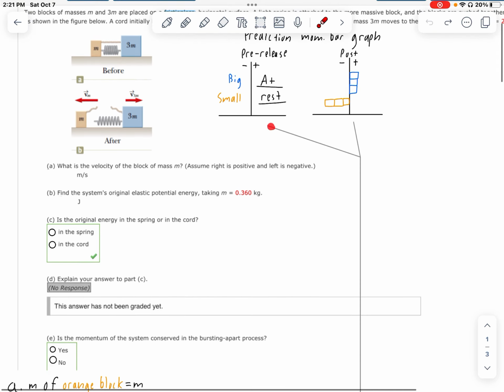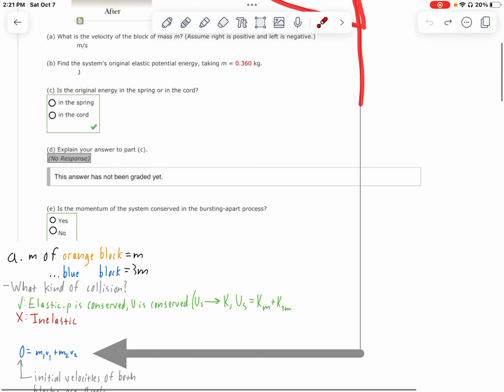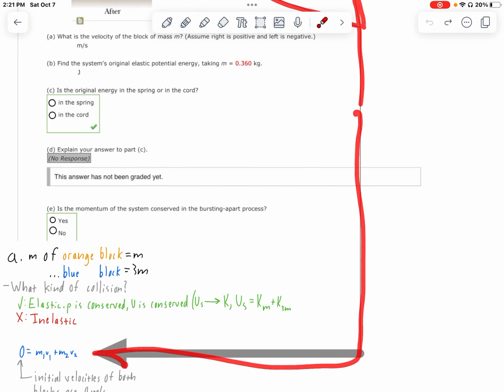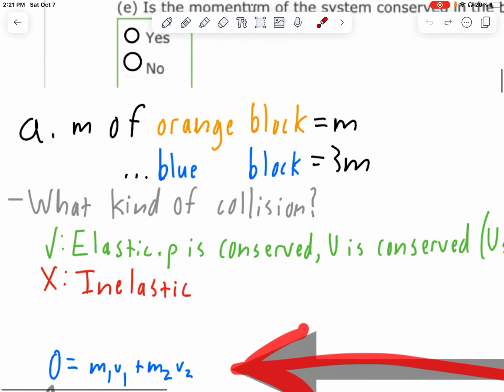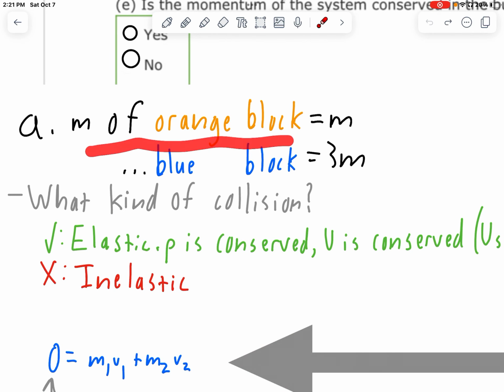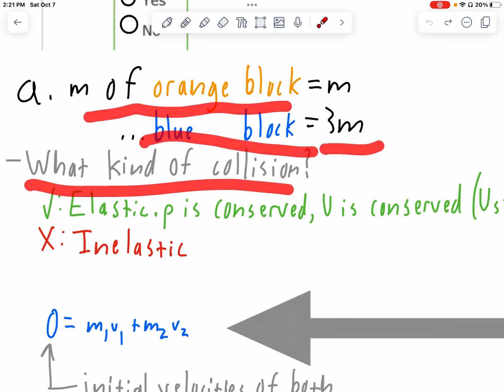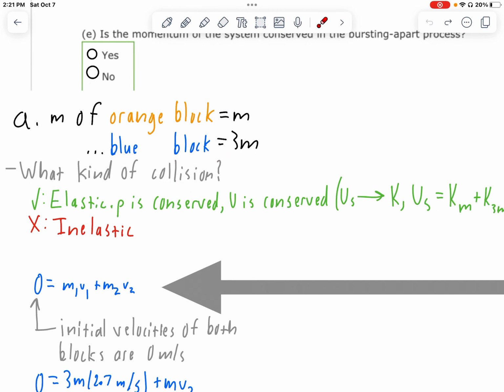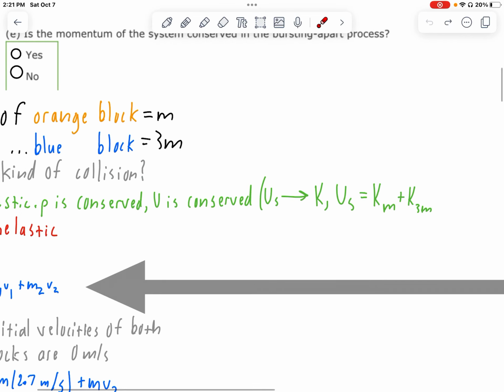From this, I decided to set up an equation down here, and before we get to that, I'll just list off the givens: mass of orange block 3m, mass of blue block m. What kind of collision is this? I said elastic because momentum as well as energy is conserved. You might say, how do you know that energy is conserved?